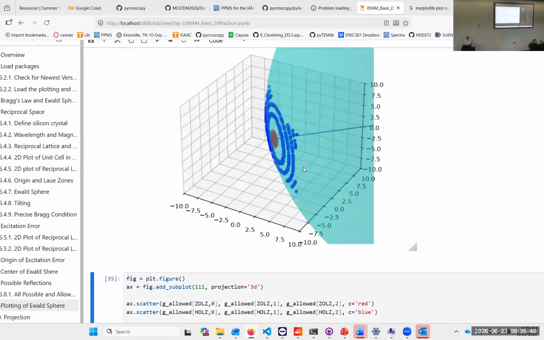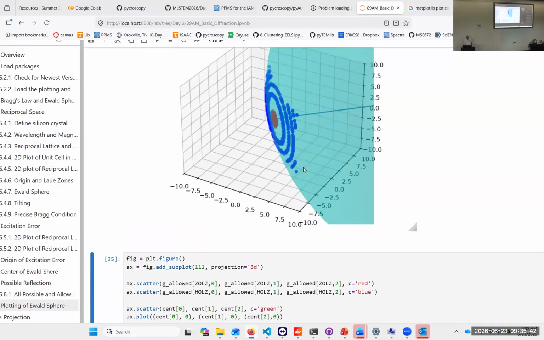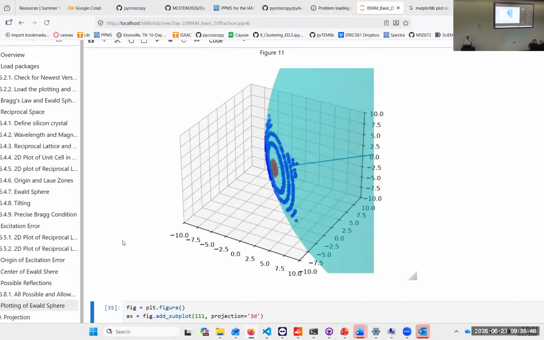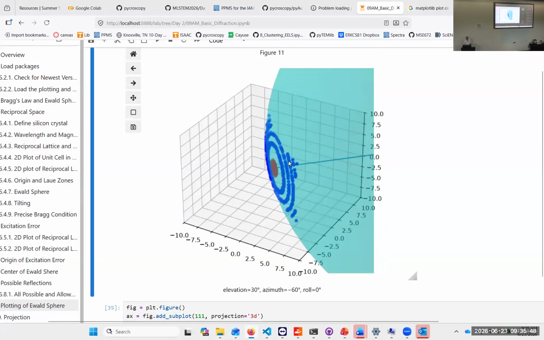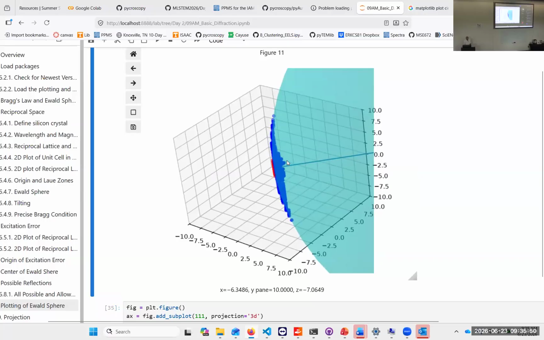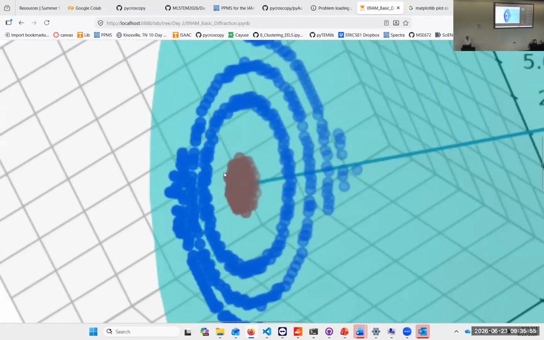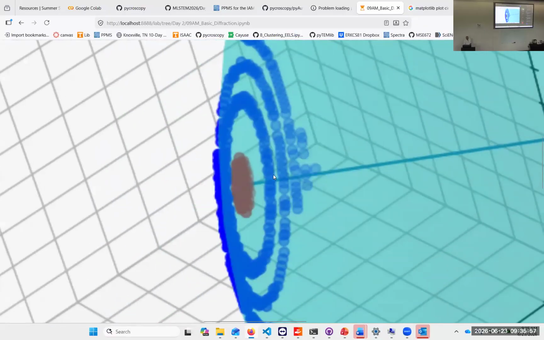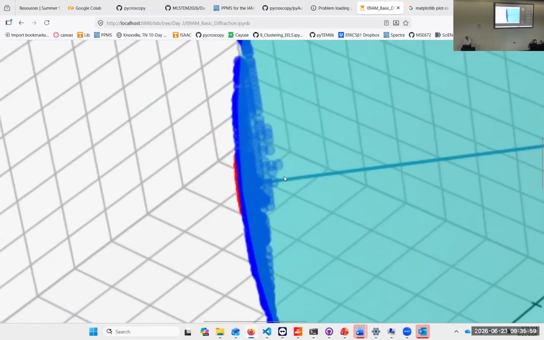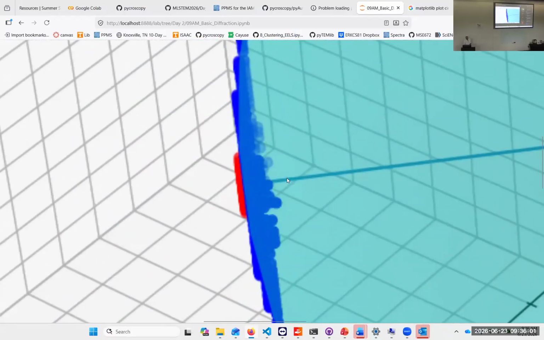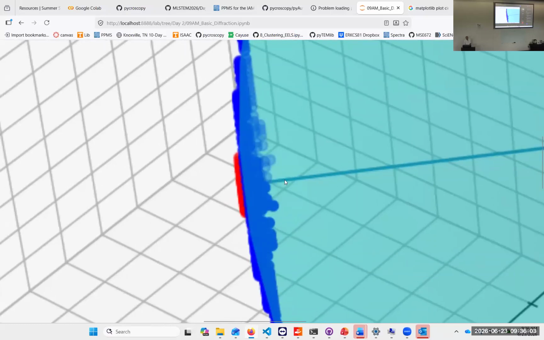To visualize that, this is the Ewald sphere, and we see the different Laue zones that hit it. The red ones are the zero order Laue zones.